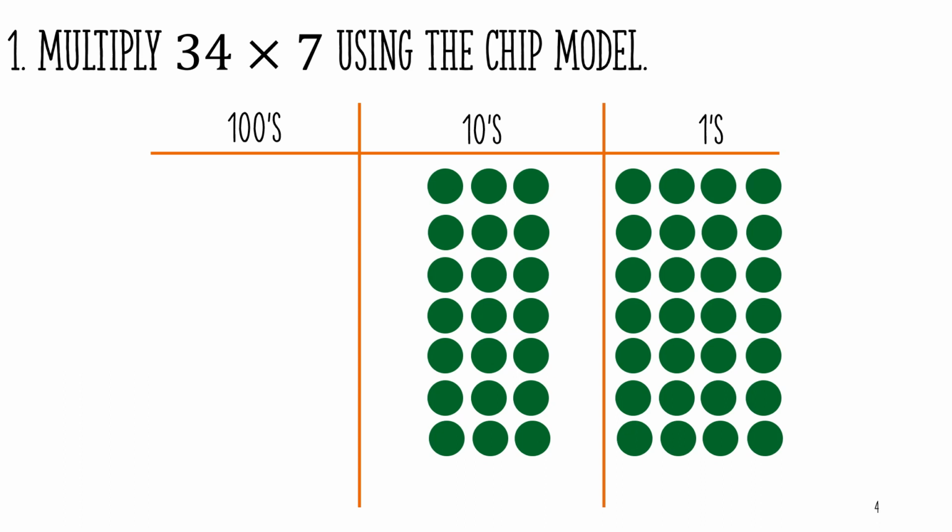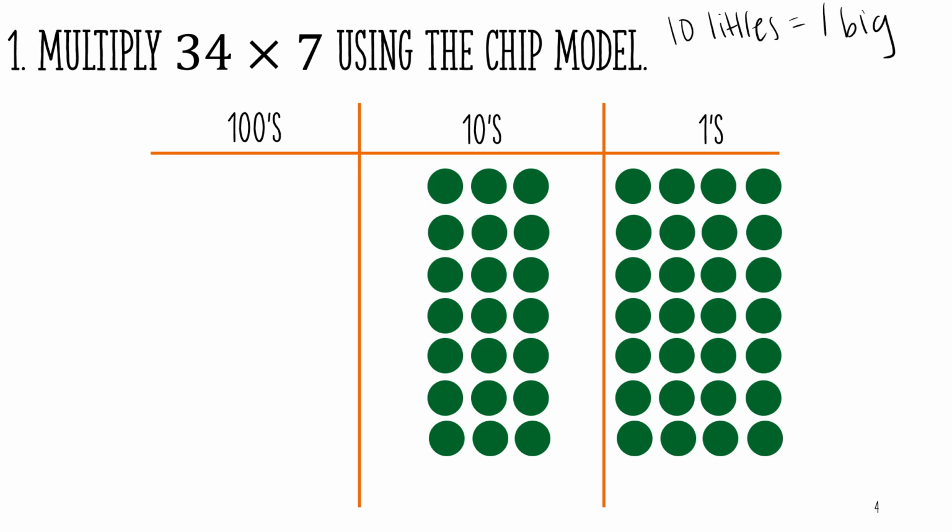Alright, so now we're going to look for an opportunity to do our exchange rate. And just to remind you of the exchange rate when you're working with these chip models or with base 10 blocks, 10 littles equals 1 big.